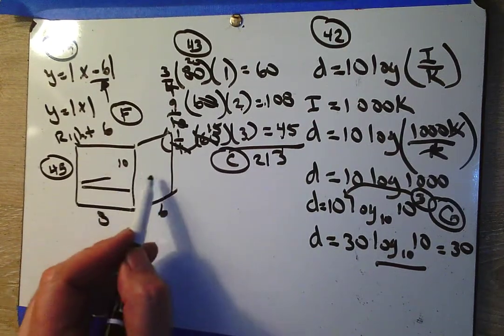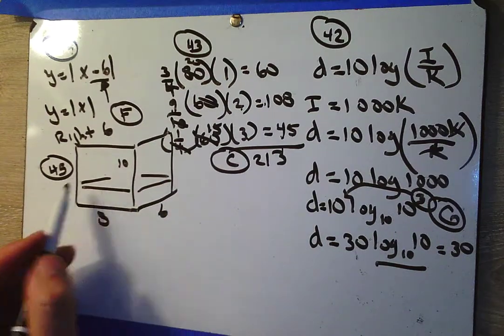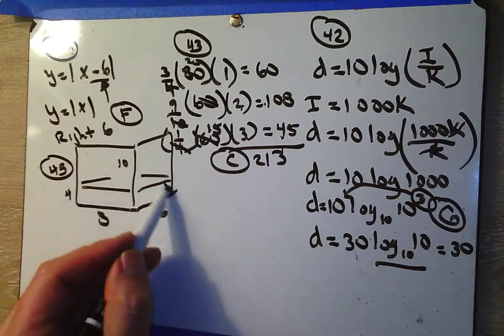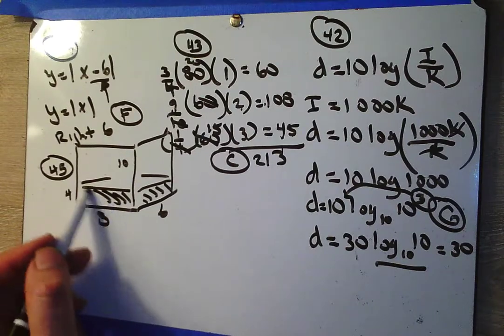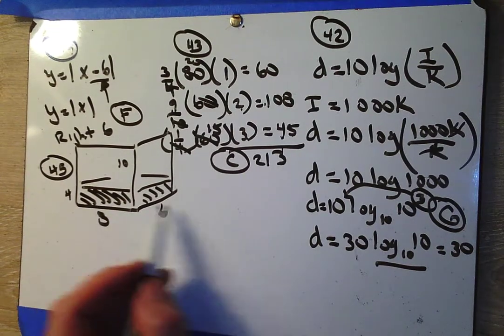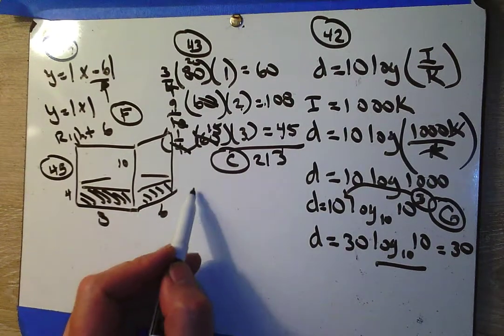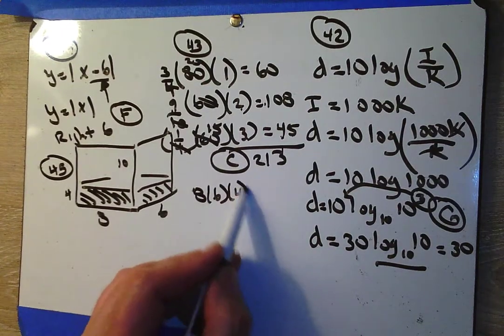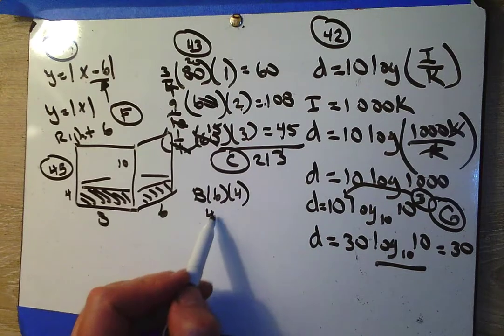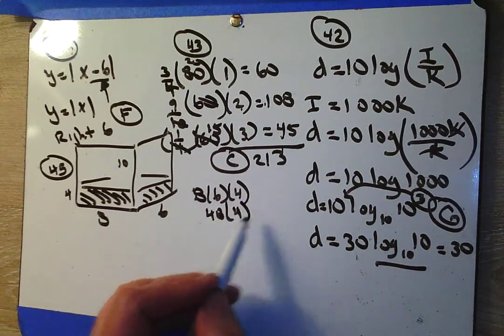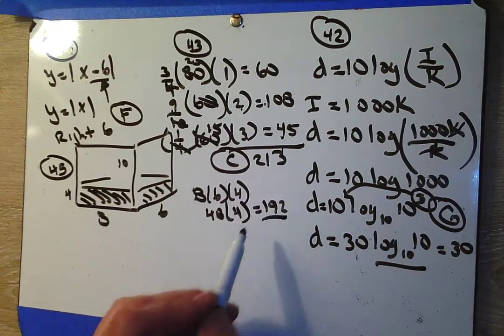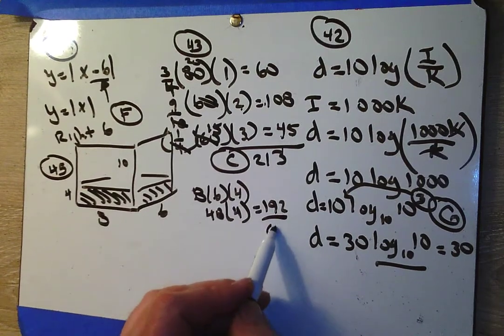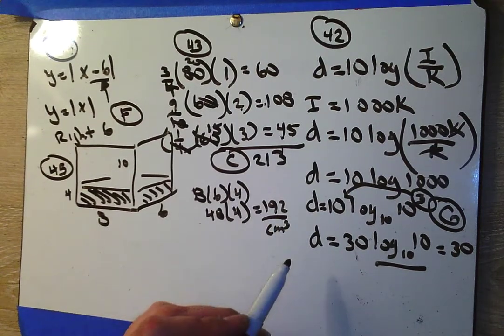Oh, so he's not filling it all the way. He's only filling it to 4. So what's the volume of the water in here? Well, the volume of that would be length times width times height, or 8 times 6 times 4, which would be 48 times 4, or 192. So we've got 192 cubic centimeters of water.